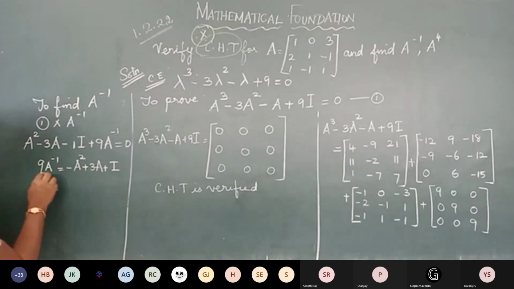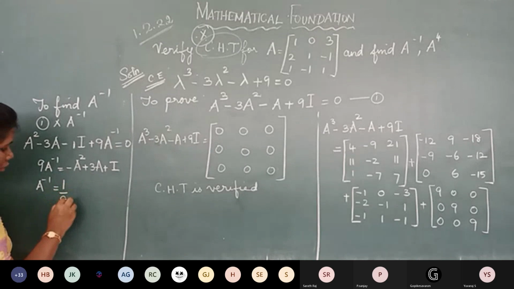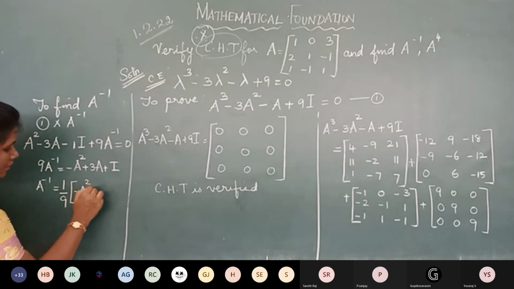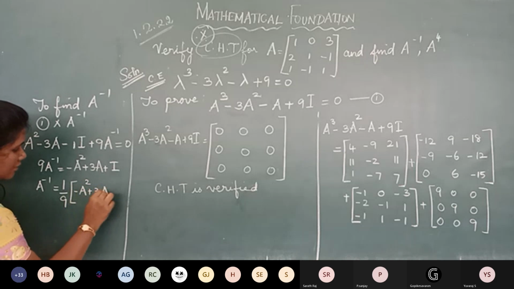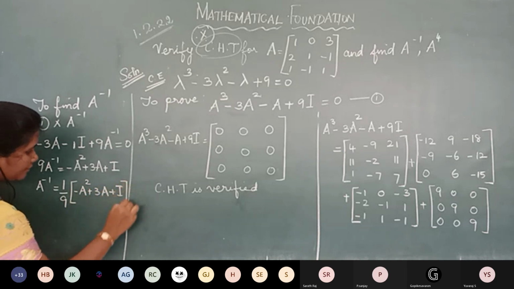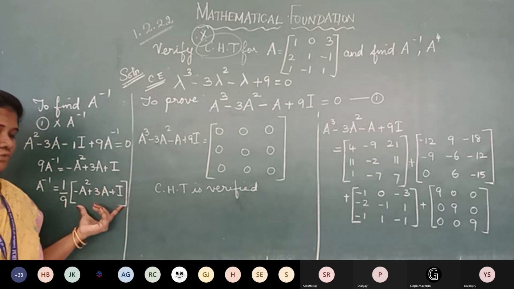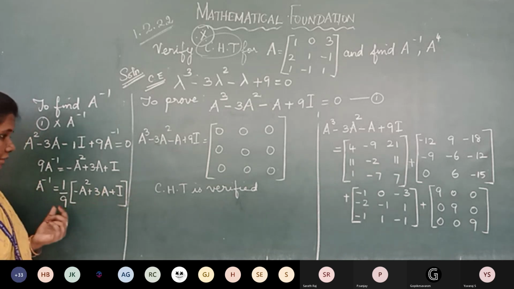So your A inverse will become, this 9 will go down, 1 by 9 into minus A square plus 3A plus I. Now you substitute your values. First you find out this value, then divide it by 9.